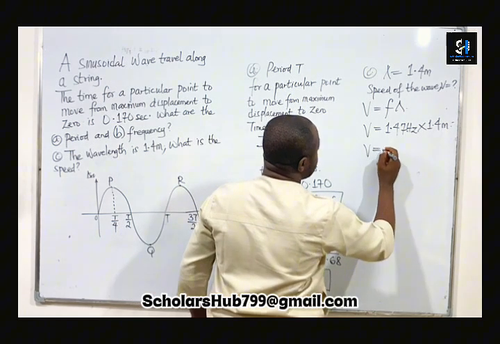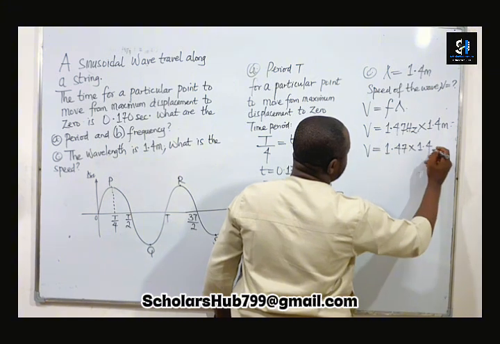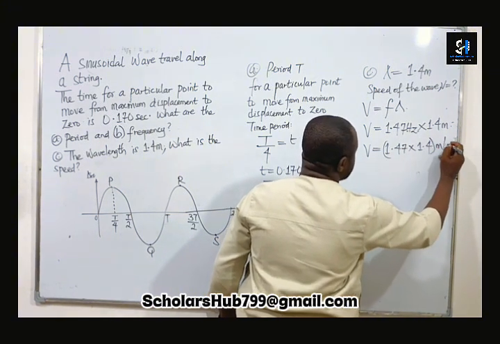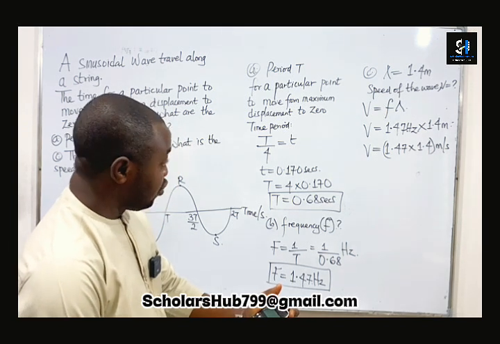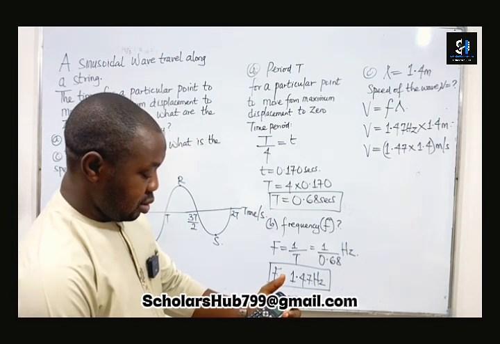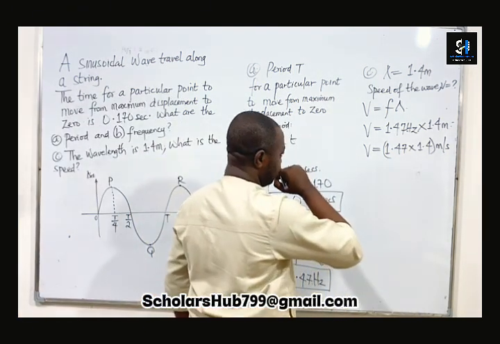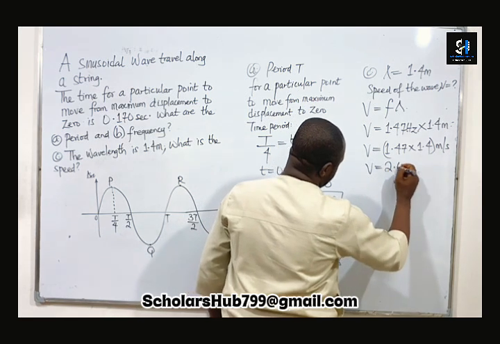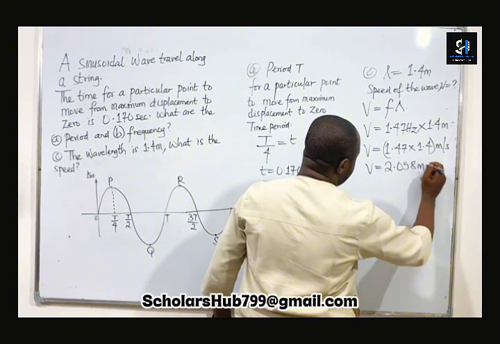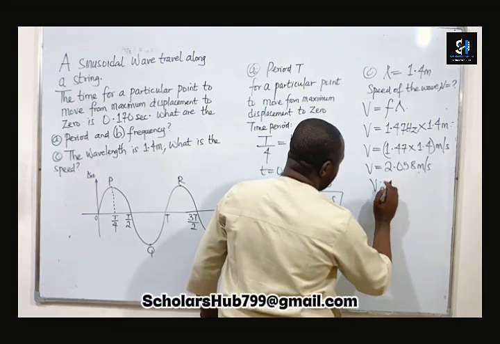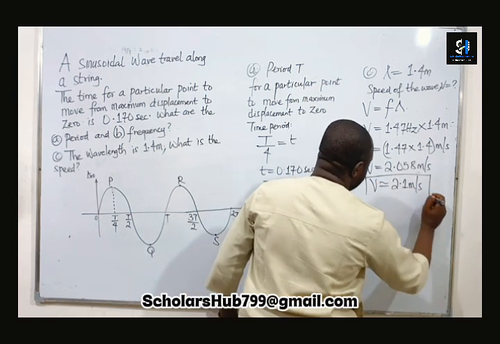V equals 1.47 multiplied by 1.4, which is 2.058 meters per second, approximately 2.1 meters per second.